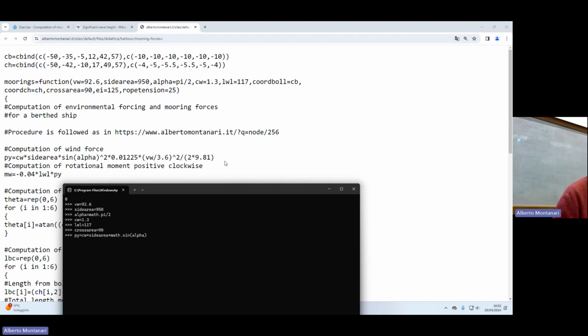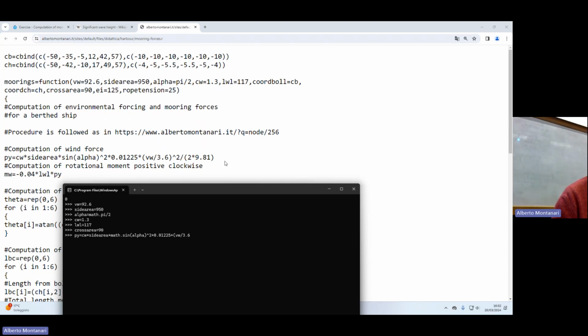I think so, but squared, times gamma W, it's 0.01225. Okay, and yeah, times VW divided by 3.6.